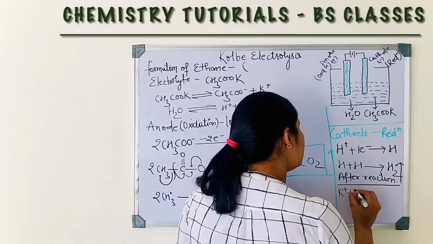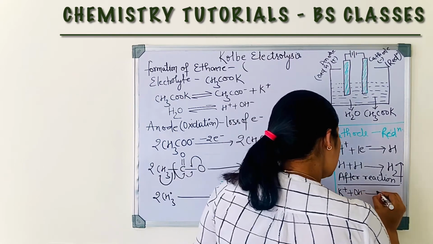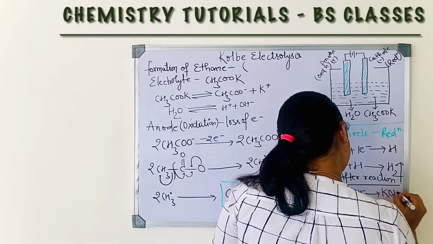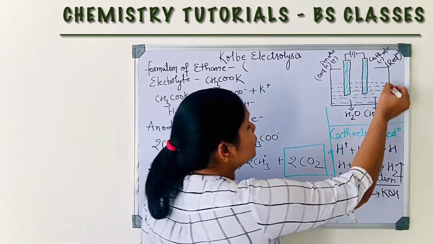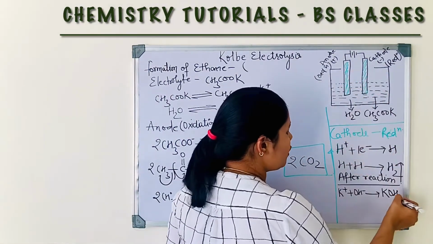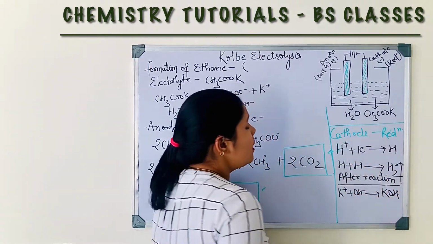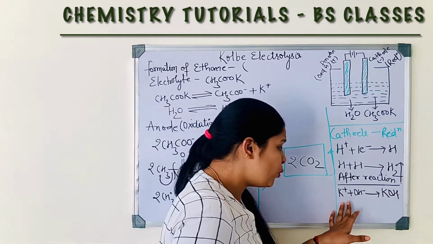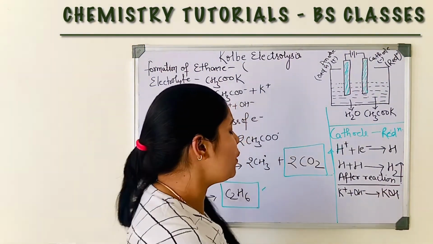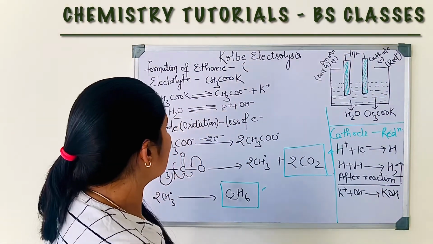Both ions combine with each other and form KOH. That means after the completion of the reaction, the solution is basic because the remaining ions in the solution are K plus and OH minus, and both combine and form KOH, that is potassium hydroxide.